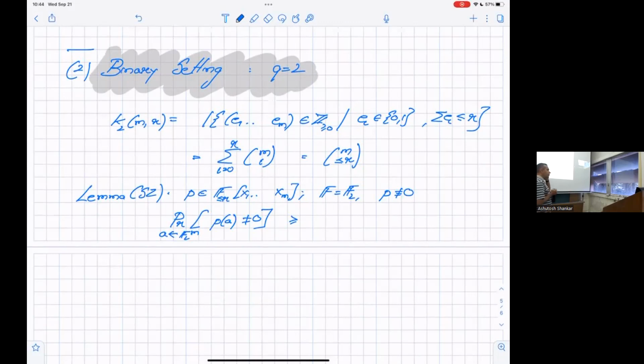Certainly it cannot be smaller than that, because let's take the monomial x1 to xr, the product. What fraction of the time is it non-zero? Only when x1 to xr are each 1, that's just 1 over 2 to the r fraction of the time. Therefore, you don't expect this to be smaller than this.